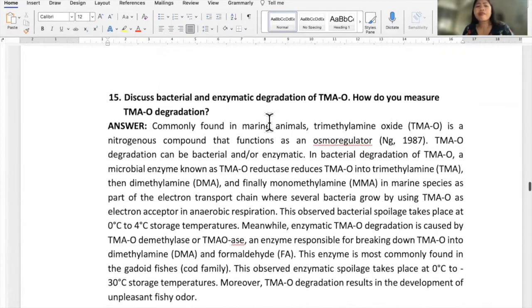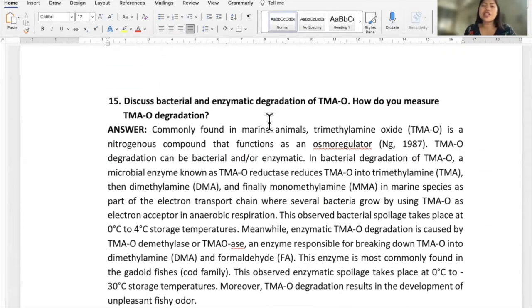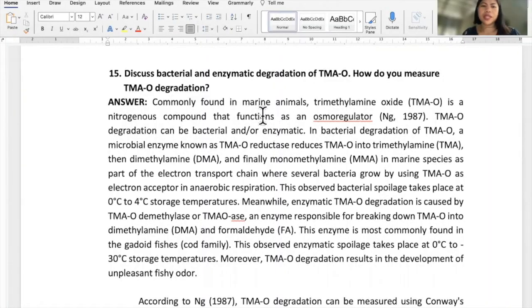Discuss bacterial enzymatic degradation of TMAO. How do you measure TMAO degradation? So first, we have to know that TMAO is a nitrogenous compound that functions as an osmoregulator.